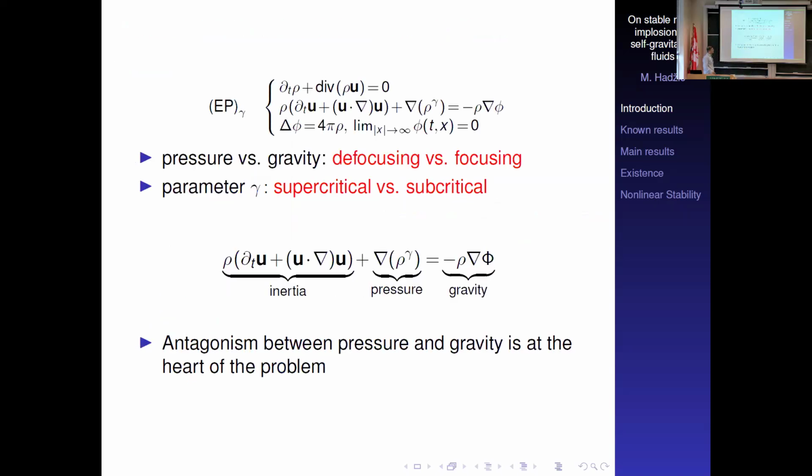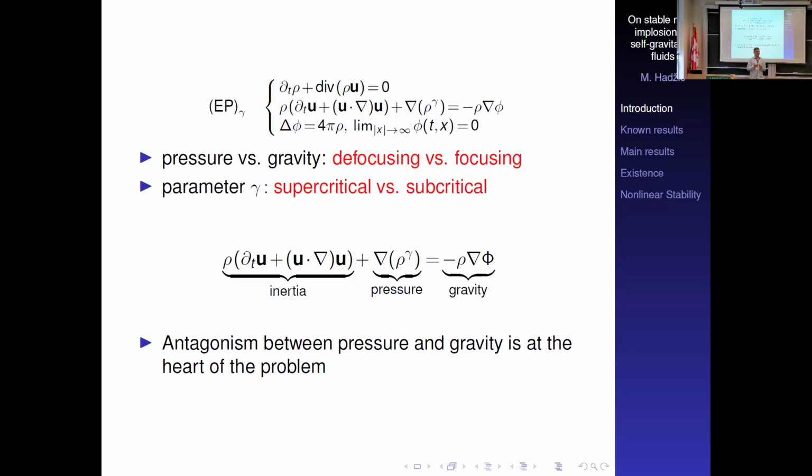So what's going on in this problem? I mentioned the cheat sheet. A good way to think of the problem is as a balance of these three forces: gravity, pressure, and inertia. You can think of pressure as a defocusing feature of the problem, and gravity likes to push things in.